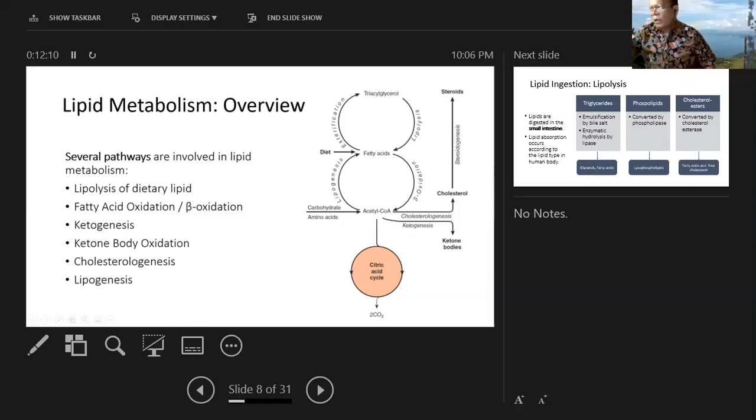This is lipogenesis, and then beta oxidation to get acetyl-CoA. Then carbohydrate and amino acids can also be converted to acetyl-CoA.